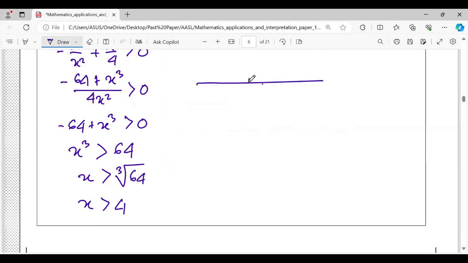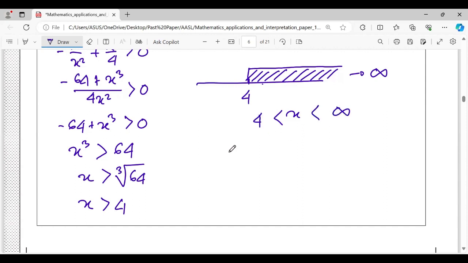If we sketch on a number line, this is 4. The solution area is greater than 4, to infinity. So the solution is x greater than 4, less than infinity.